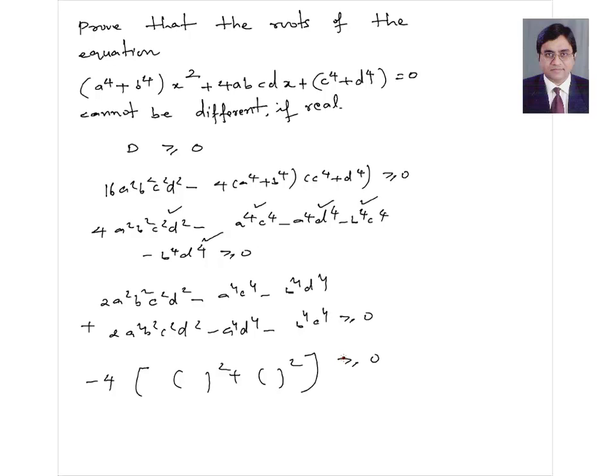So to make it satisfied, the only option left is to consider the equal to sign. And the moment you consider the equal to sign, it means D is 0. And if D is 0, then how can they be different? So they cannot be different. If they are going to be real, they must be the same.